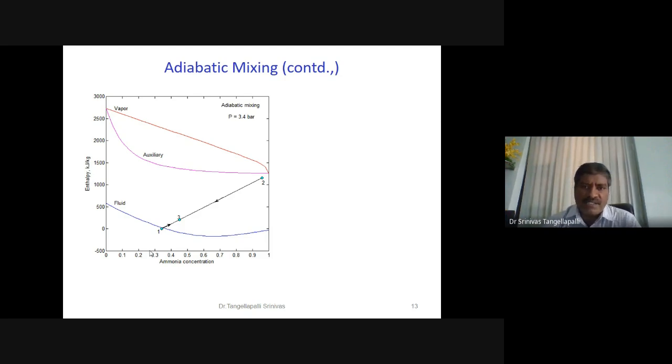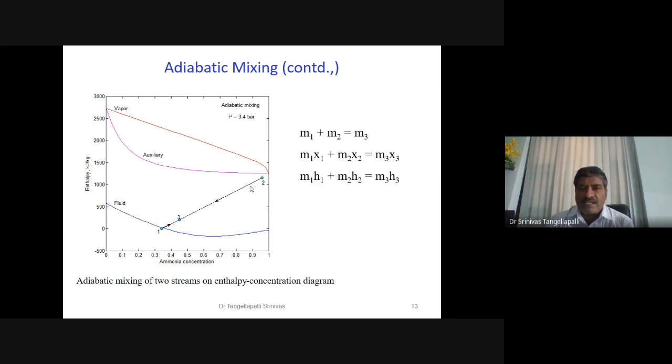In this adiabatic mixing process, we didn't consider heat transfer. That's why you can show this process as a straight line. If there is heat transfer, you can't get a straight line; non-linear lines or curves will come. And what about the thermodynamic formulation? That's mass balance and energy balance.